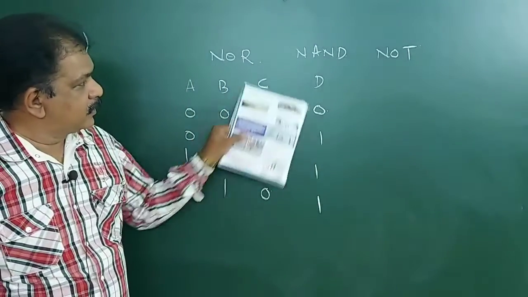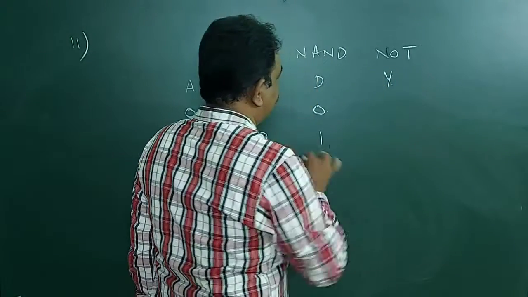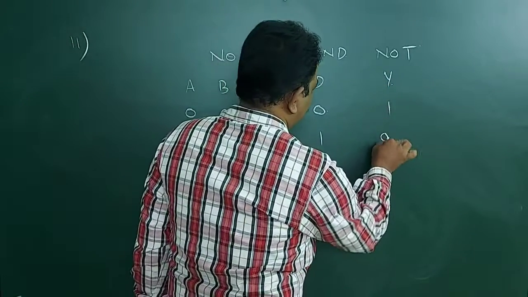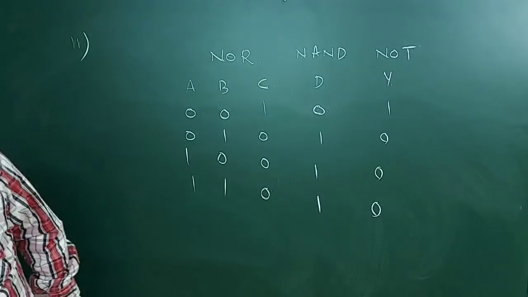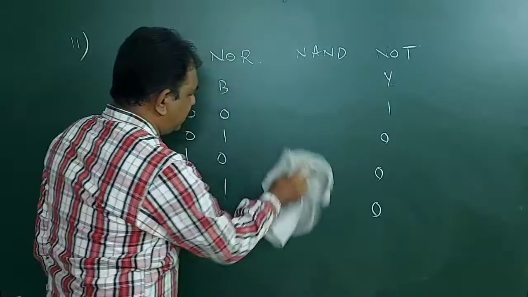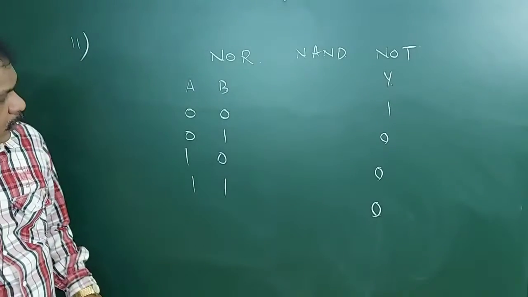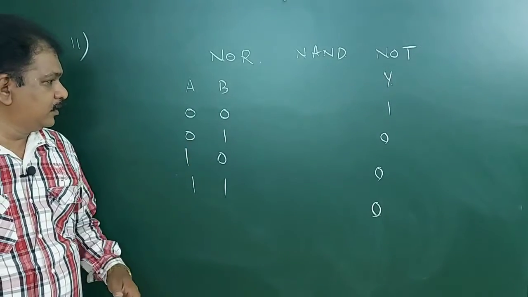Okay, next this is applied to the NOT gate, the final 0 becomes 1, 0, 0. So these two are not required for us, only the output: 0, 0, 1, 0, 1, 0.